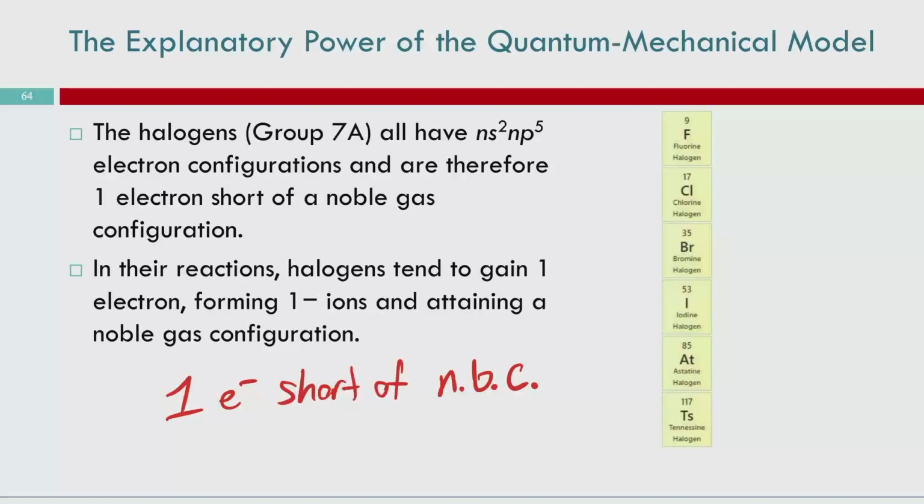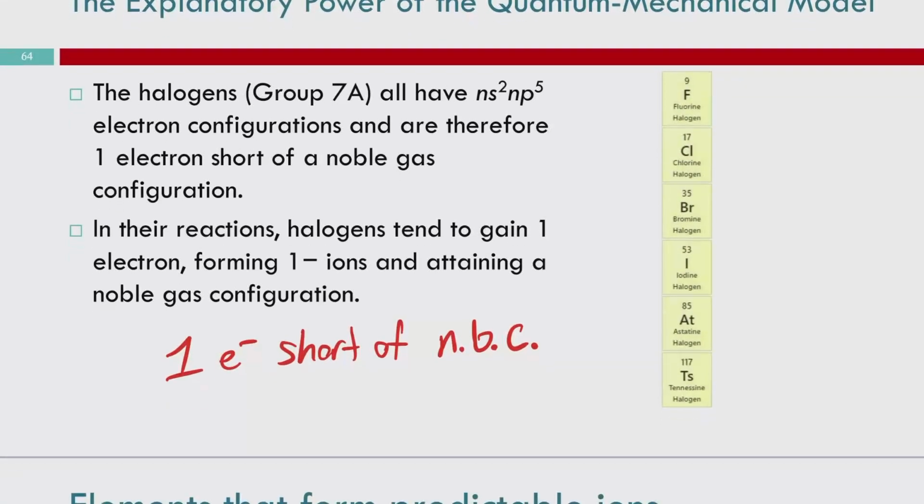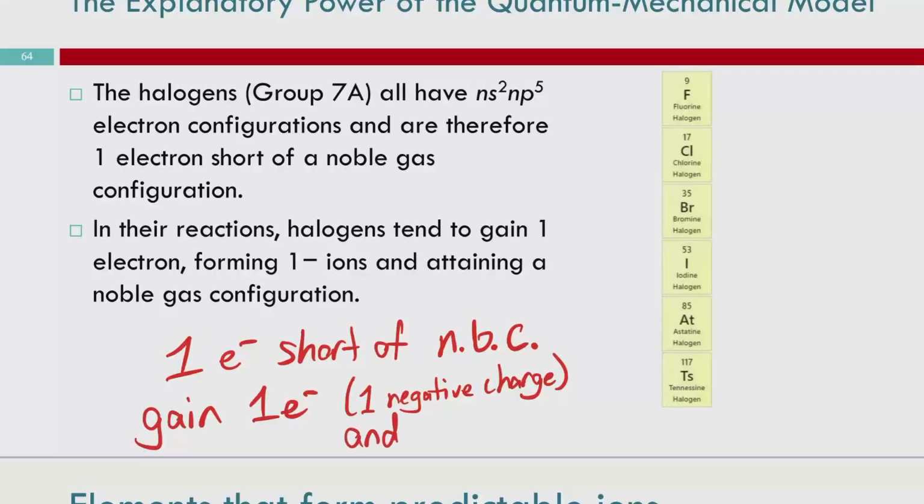In their reactions, halogens tend to gain 1 electron, which is a 1 negative charge, and reach noble gas configuration.